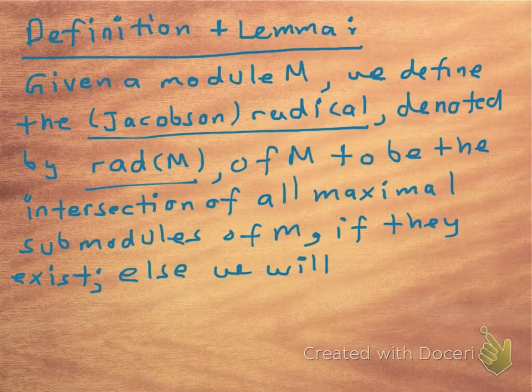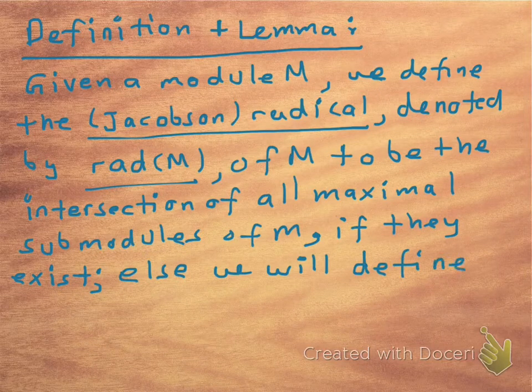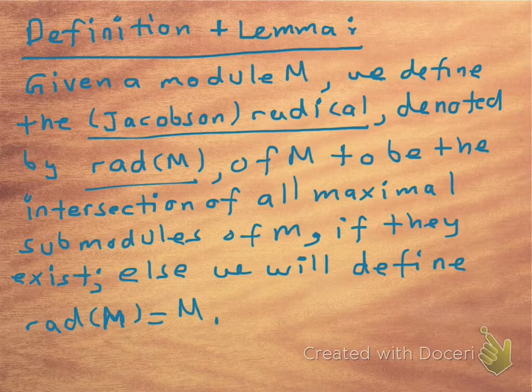And if they don't exist, then we will simply define the radical to be all of M. So this fits the scheme where we assume that an intersection of an empty family is simply the whole module.